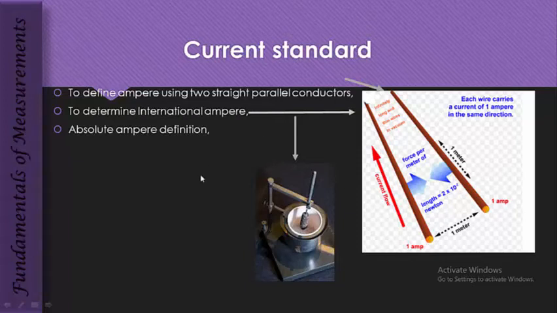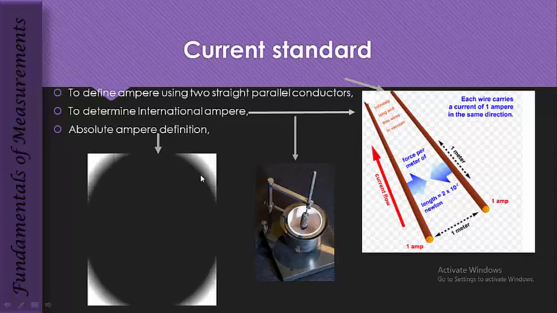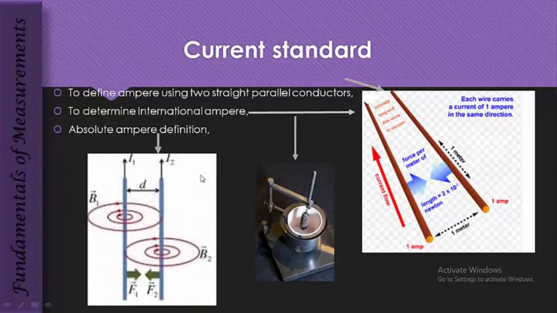So they went for the absolute ampere definition. In the absolute ampere definition, you take two long conductors and you find out the force exerted on these two long conductors, and you measure the value of current. This is the absolute ampere definition, and this is provable and acceptable by all, and now we have this absolute ampere definition.